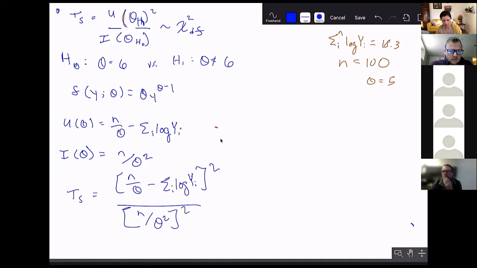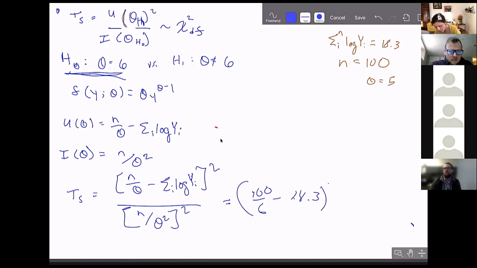You can plug in the value of theta at the null hypothesis for the score test, and you can also plug in the value for n, so you get 100 over 6 minus 18.3, squared.